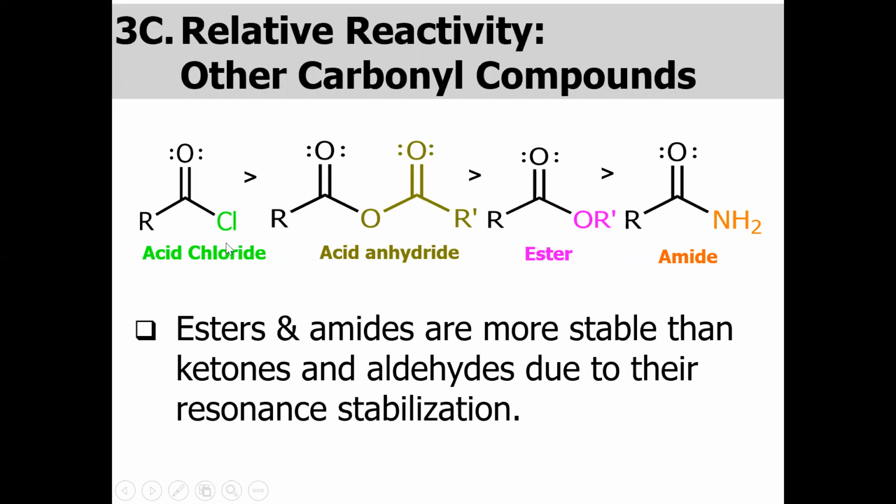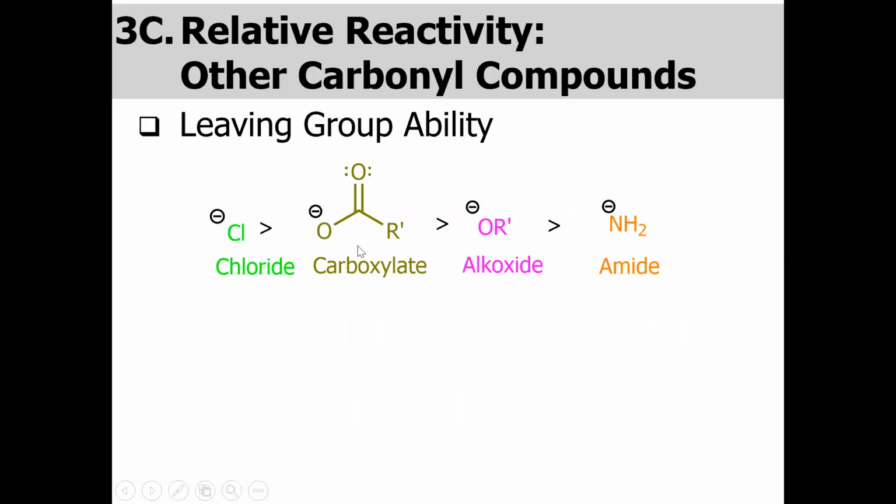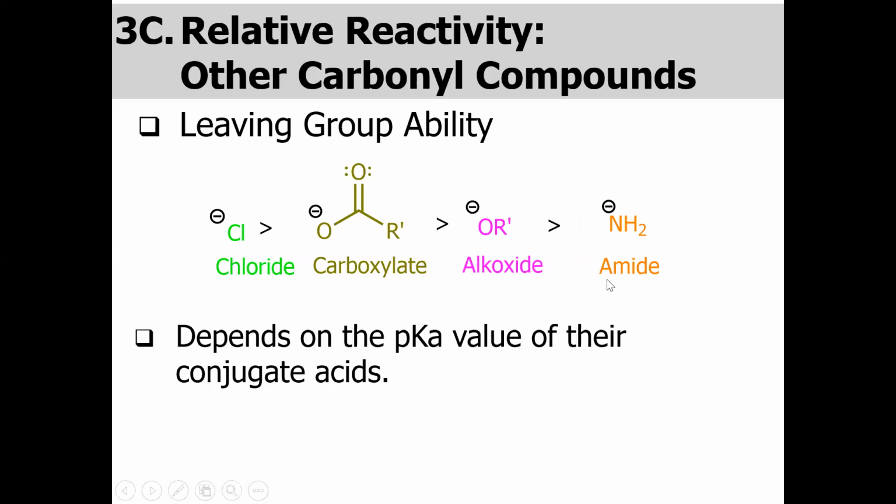Now, if I ask you why acid chloride is more reactive than acid anhydride, ester, or amide, it is just because of the leaving group. Keep in mind, this is about leaving group ability. Chloride is a good leaving group, while carboxylate, alkoxide, and amide are progressively worse leaving groups, with amide being the worst. Keep in mind, this all depends on the pKa value of their conjugate acid. Chloride ion is the conjugate base, and its conjugate acid is HCl, while carboxylate is the conjugate base of carboxylic acid.